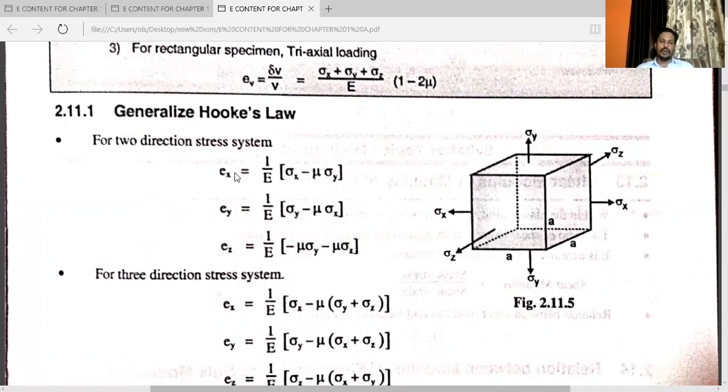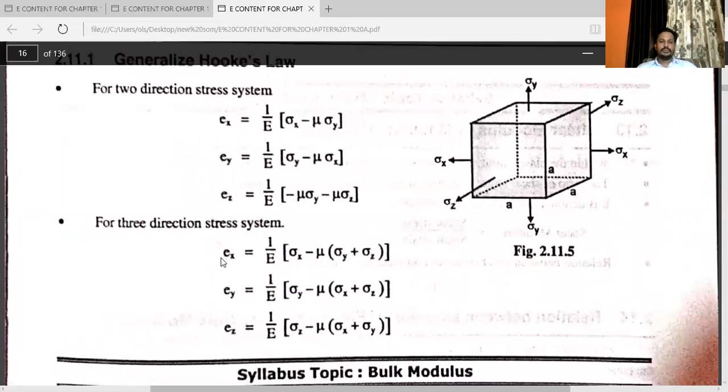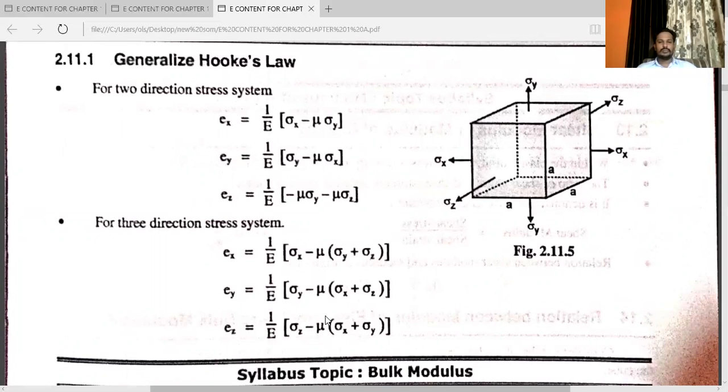That we already know, how Ex is obtained for a two-directional stress system. This is Ex, Ey, and Ez. For the three-directional stress system, Ex, Ey, and Ez are given. This is generalized Hooke's law. Please highlight each and every point.